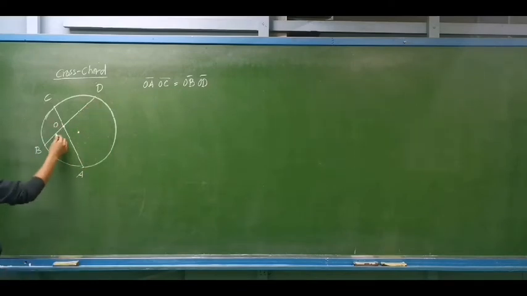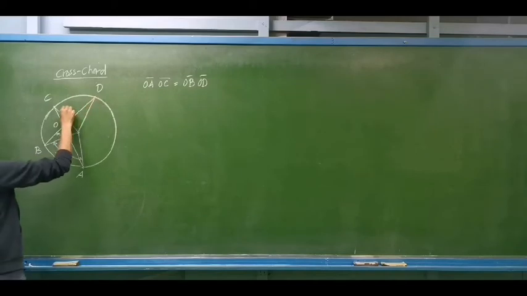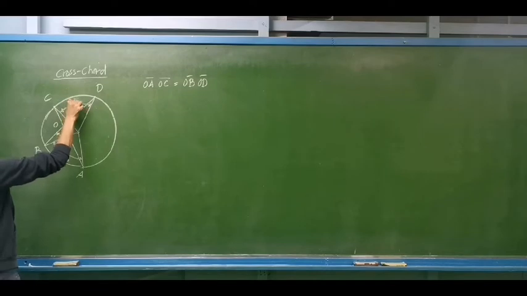Kung gusto naman natin kunin yung angle of intersection ng mga chords, gumawa lang tayo ng line segment mula sa center ng circle. Yung angle na to is theta AB. Tapos, mula dun sa point C at point D papunta sa center ng circle, yung angle naman na ito is theta CD.